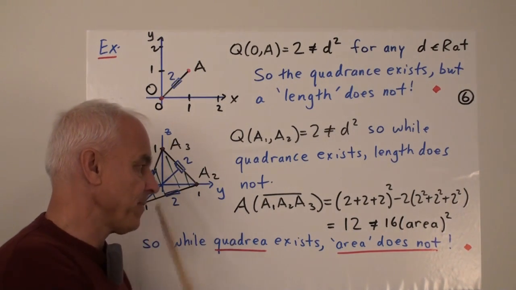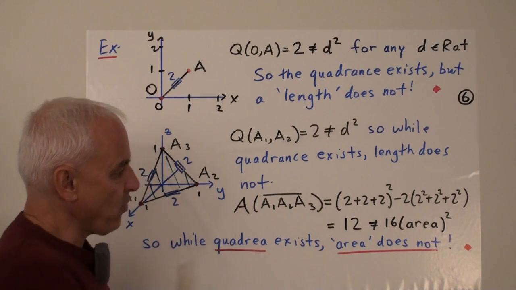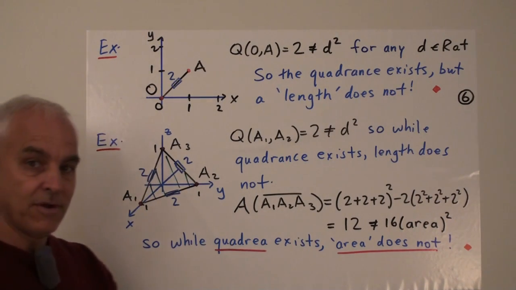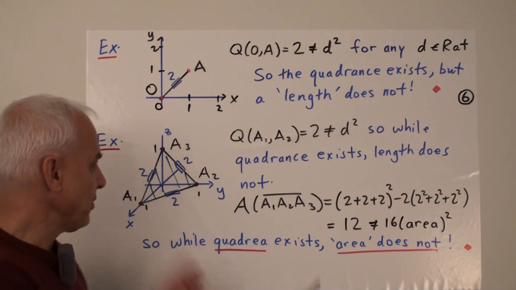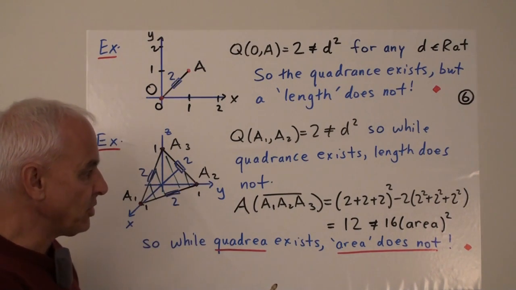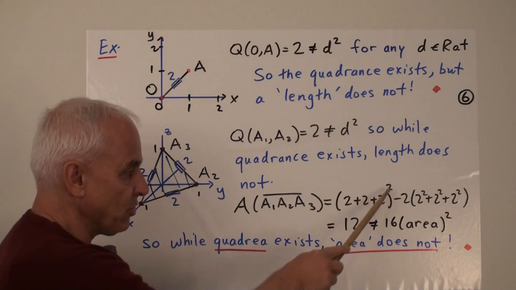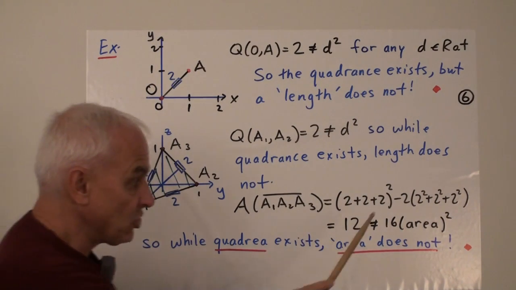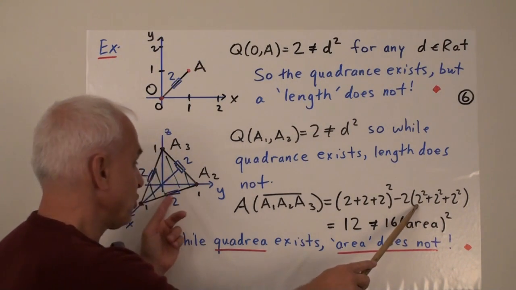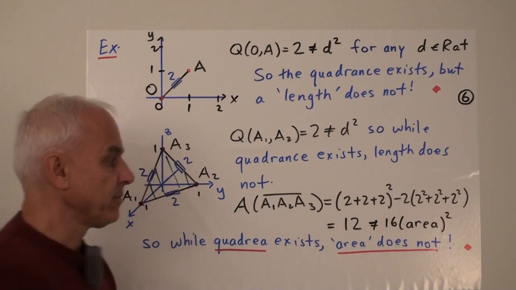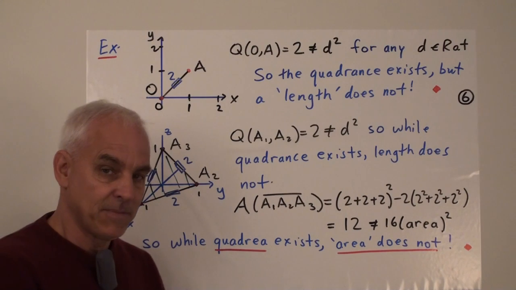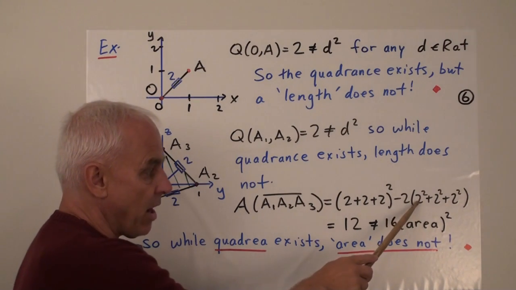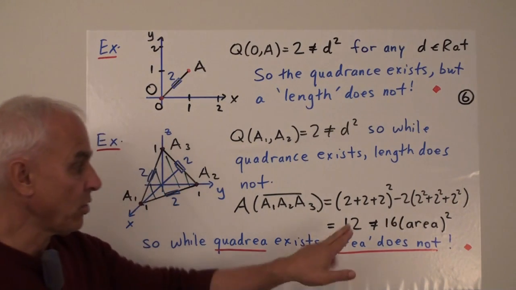Our formula for quadrea involved that Archimedes function, the triple quad function. So the 3 quadrances are 2, 2, and 2, so we take 2 plus 2 plus 2 all squared, minus 2 times 2 squared plus 2 squared plus 2 squared. Well, this is 6 squared, which is 36, and we're subtracting 2 times 12, or 24, for a total of 12.